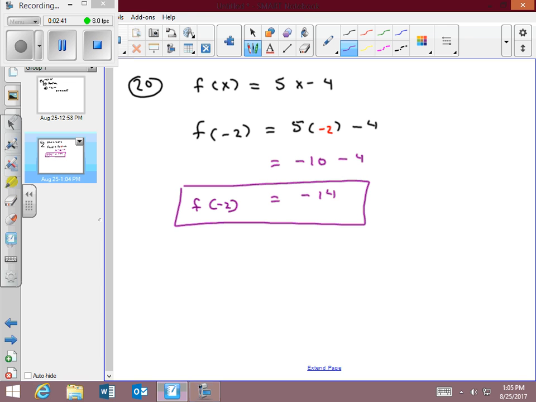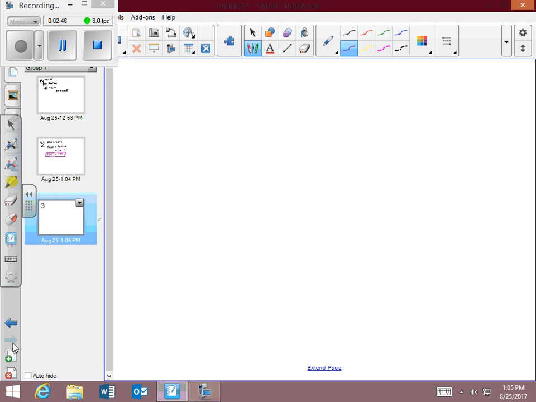So that would be 28. This is using q of r equals r squared minus 4.